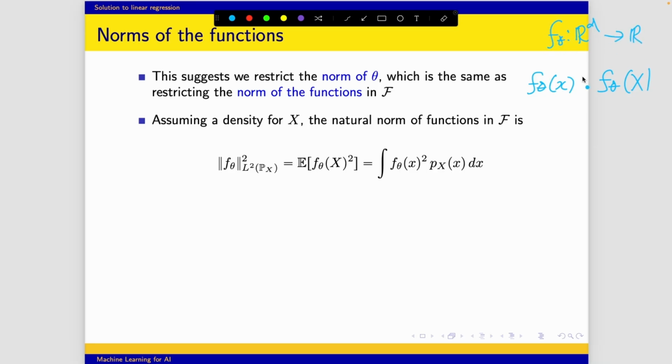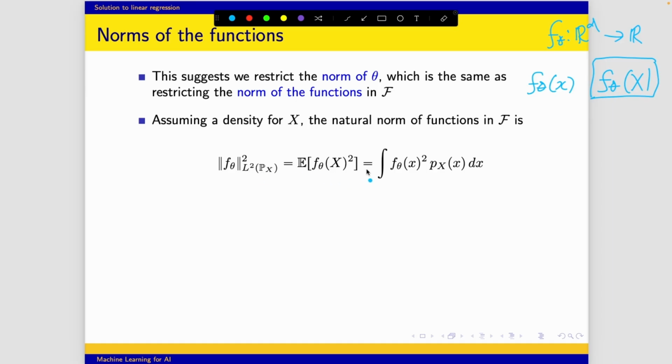So it's real valued. So if its argument is random, then this becomes a random variable, it's real valued. So we're going to assume this. So I'm going to define the norm. We're going to use this norm to measure the size of a function f theta, one of our hypotheses. And I'm going to give it this symbol.